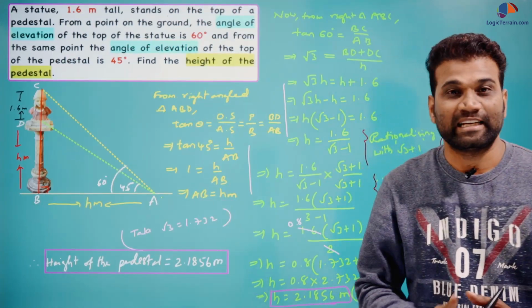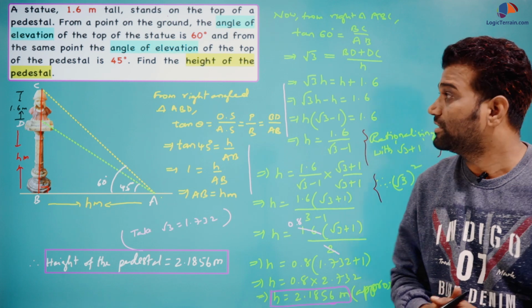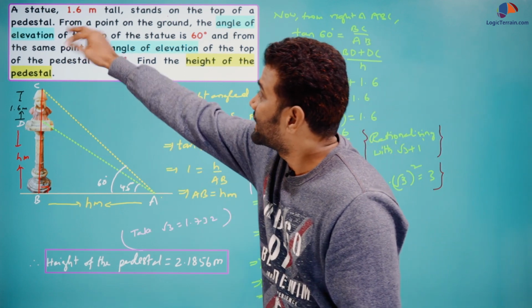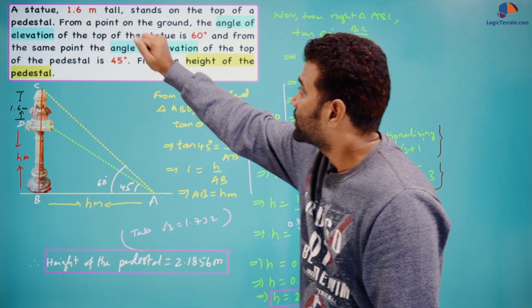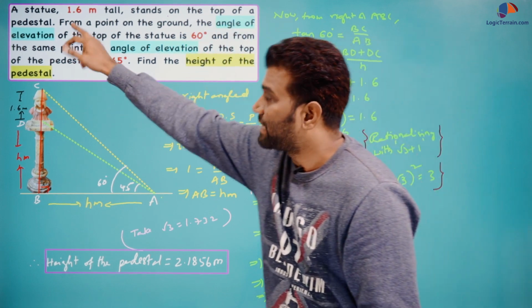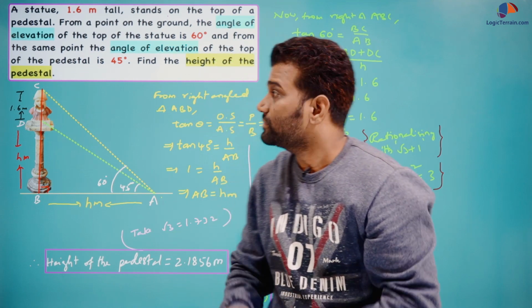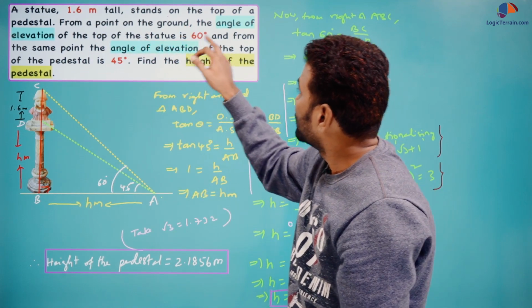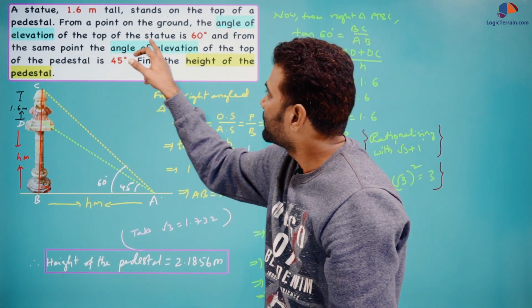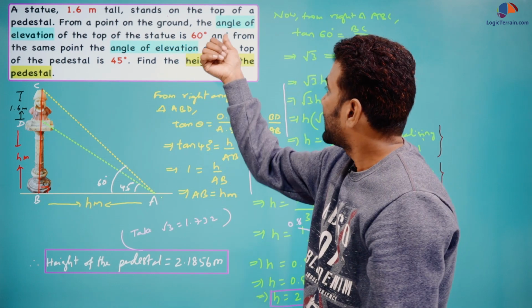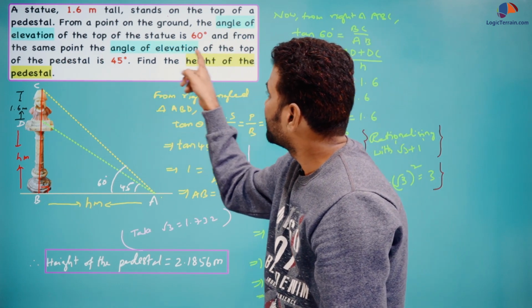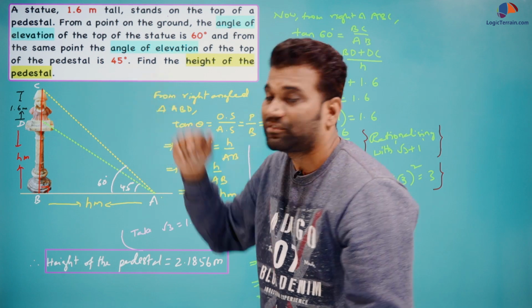Here it is another interesting question. The question here is, a statue 1.6 meter tall stands on the top of a pedestal. You can see this is a pedestal and this is the statue. From a point on the ground, the angle of elevation of the top of the statue is 60 degrees, and from the same point the angle of elevation of the top of the pedestal is 45 degrees.